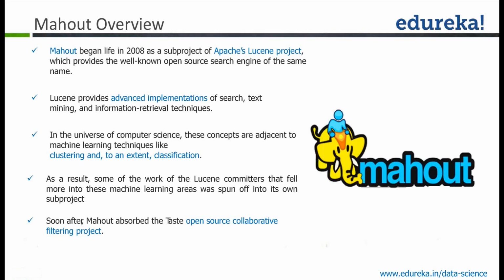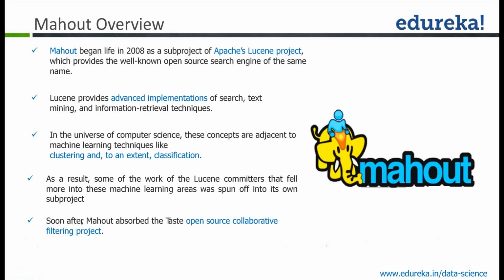Okay, and Mahout actually started back in 2008 as a sub-project of Apache's Lucene project, which is for data indexing and searching. That's why it's used in an open source search engine called Lucene itself.